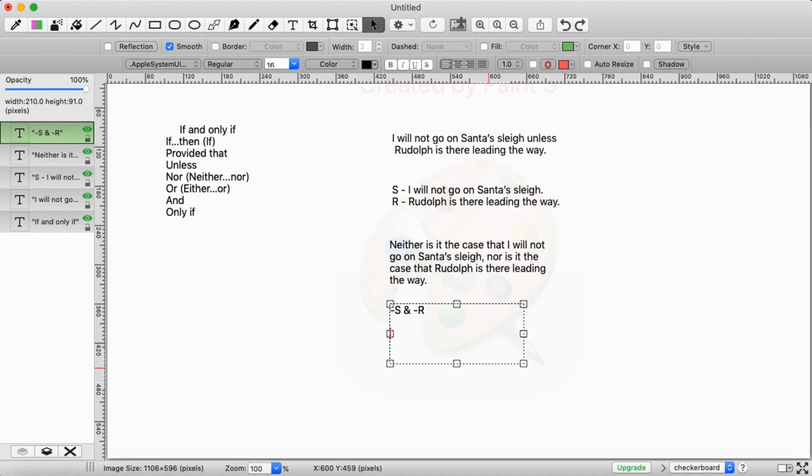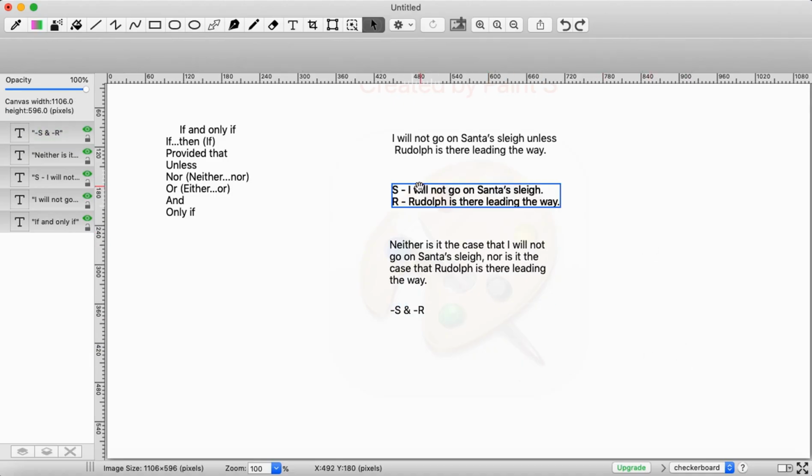So that means, and this is interesting because I defined, this is important, this is a good thing you can use in other places. I defined S as not, right? I said I will not go on Santa's sleigh. So for S to be false, that means that I will go on Santa's sleigh. That means I'm actually going on Santa's sleigh.